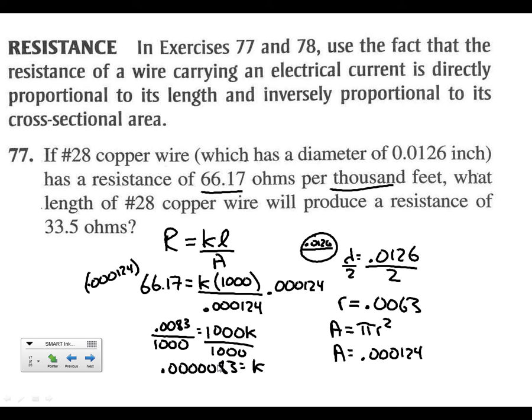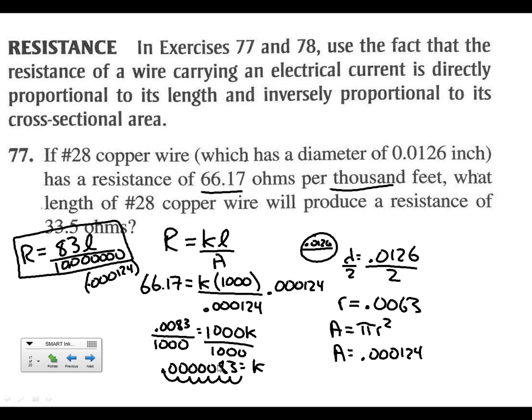Another way to say this is R equals, in the numerator, 83L over 1, 2, 3, 4, 5, 6, 7 zeros. 83 over 10 million.